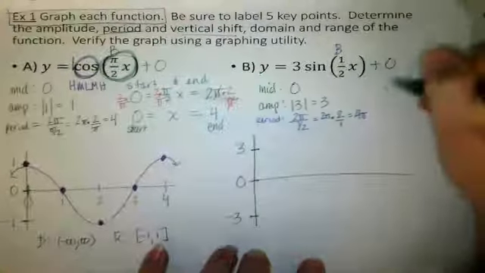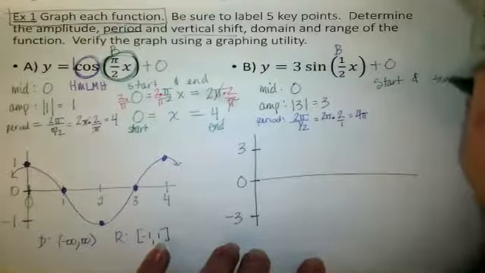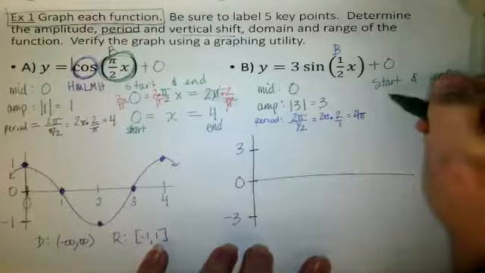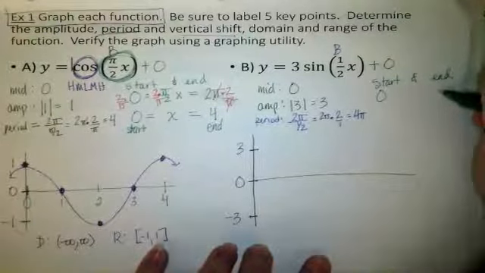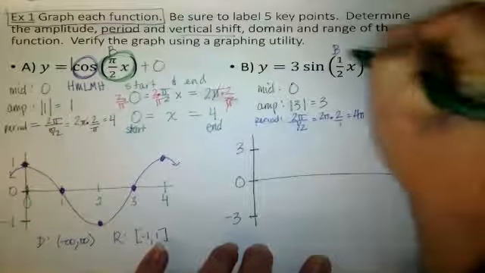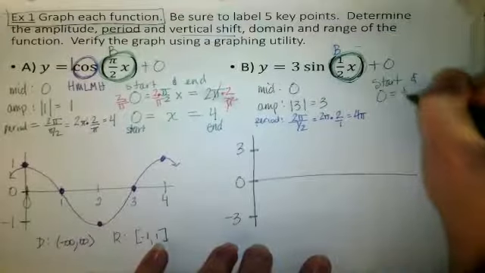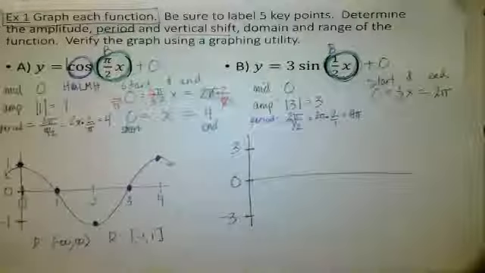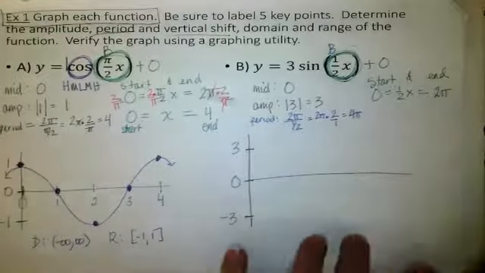But because I like to be very specific, I want to know my starting and ending point. Normally, where does our function start? 0. And it normally ends at 2 pi. But because of all these changes with x, those starting and ending values need to be adjusted, adapted. So how do I get x by itself?